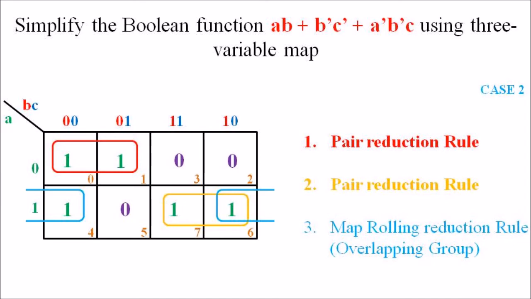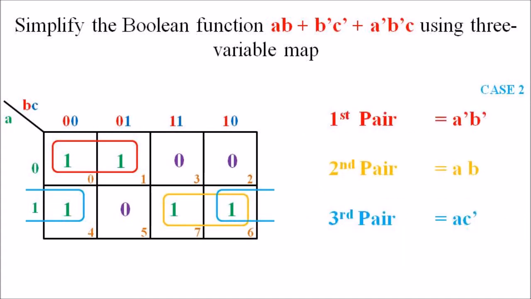That means the pair 0, 4 can be avoided, and the third pair can be represented using the map rolling reduction rule by pairing the cells 4 and 6. Thus, the value of the third pair in the second case is A, C bar.